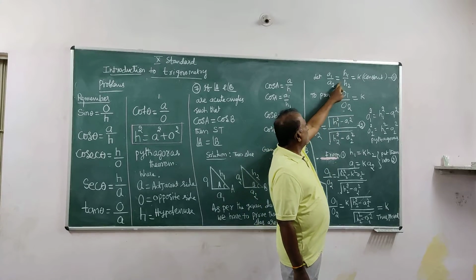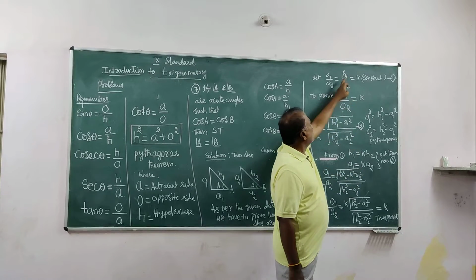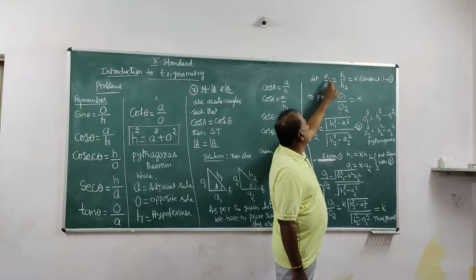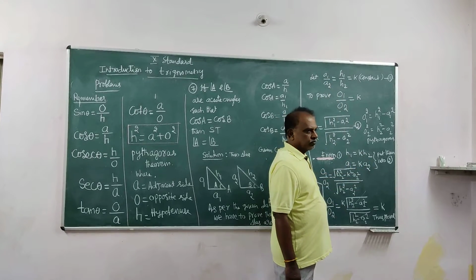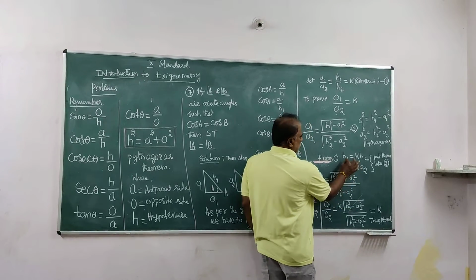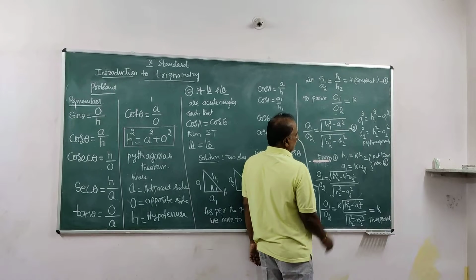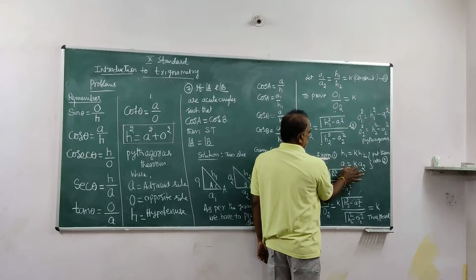From this equation, look at that. This is a constant. If this is a constant, what is H1? K into H2. A1 is equal to K A2. Let us put these into the equation and simplify. What is H1? K H2. What is A1? K A2.